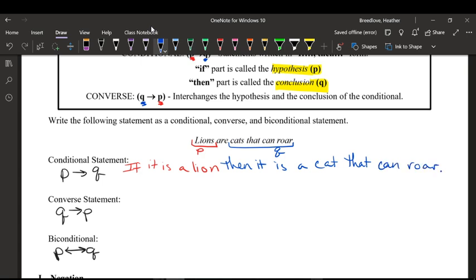Okay, and now I've written a conditional statement, so I'm going to write a converse statement by changing the order. So if it is a cat that can roar, then it is a lion.